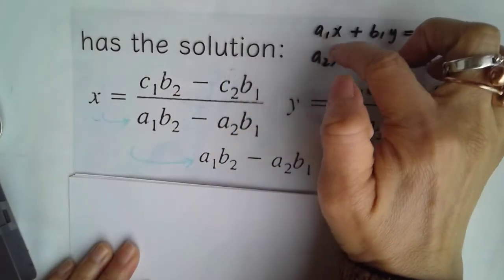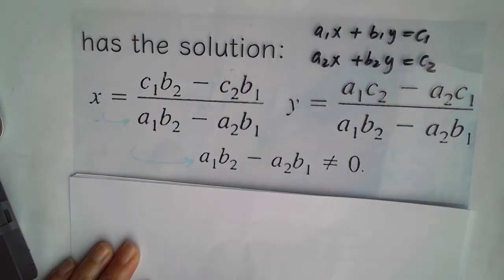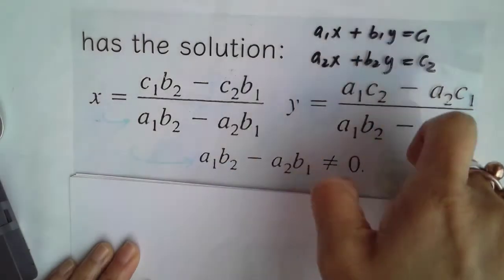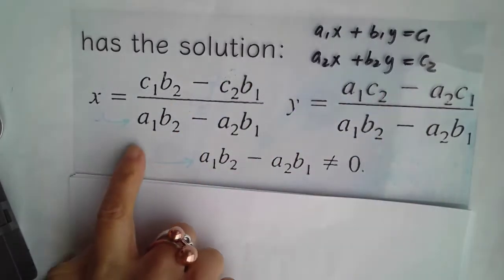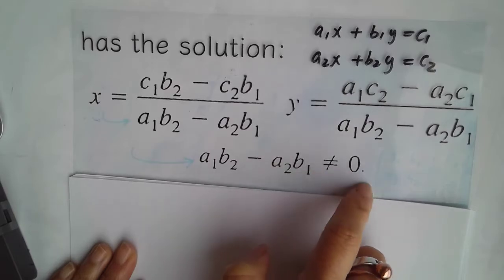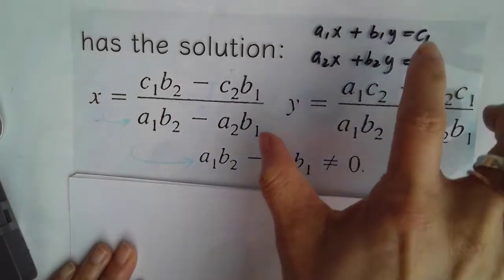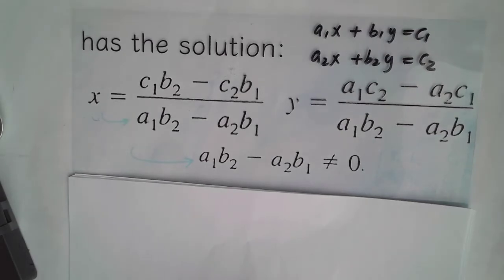When you try to solve for x, you try to get rid of the y's, you have to multiply top and bottom by b1, negative b2, negative b1, and you do all your calculations, and this is what you end up with. And I specified how a1 times b2 minus a2 times b1 cannot be 0 because that's the denominator, right?